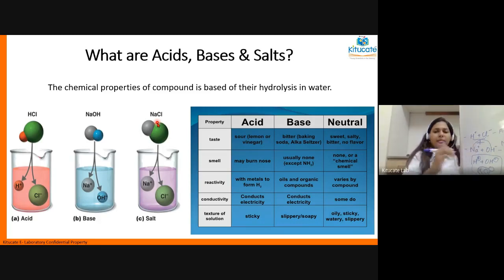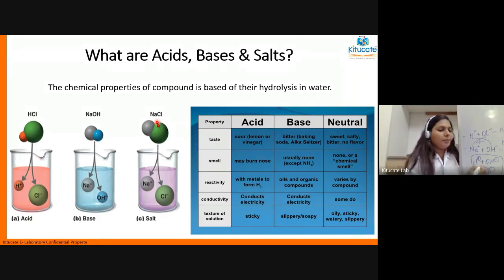The salt which is formed is generally neutral. But when your acid is stronger than the base, then the salt which is formed becomes an acidic salt because the acid was stronger. And the same way, if your acid is weak and the base was strong, then the salt which was formed will be a basic salt.